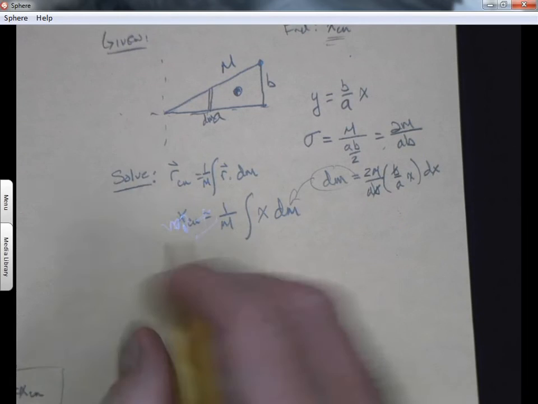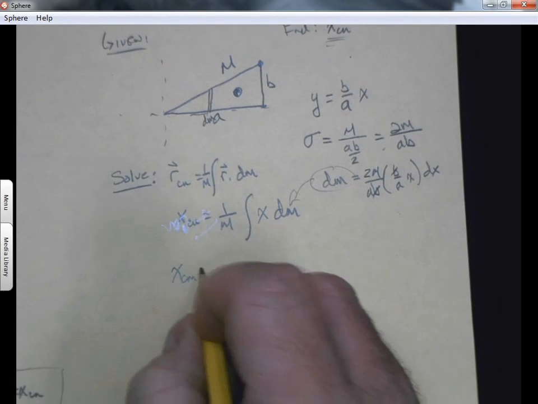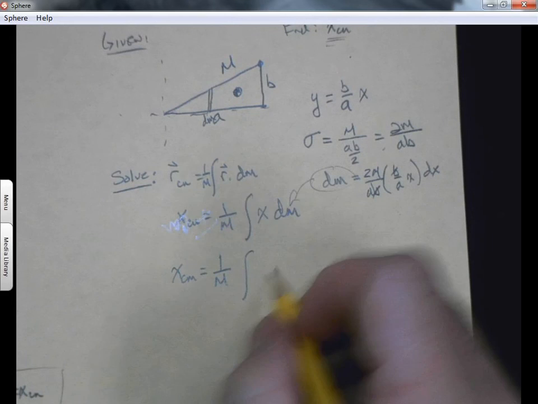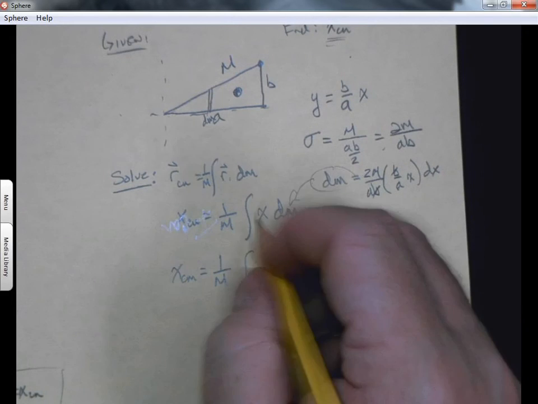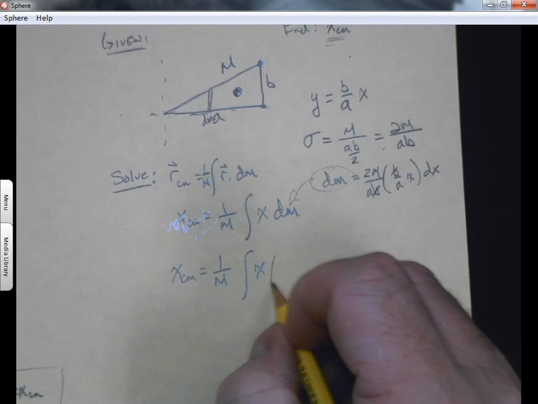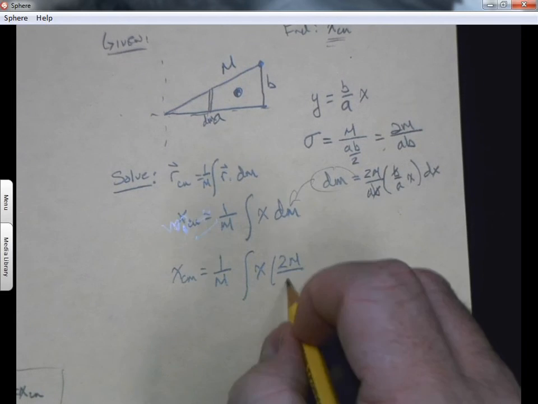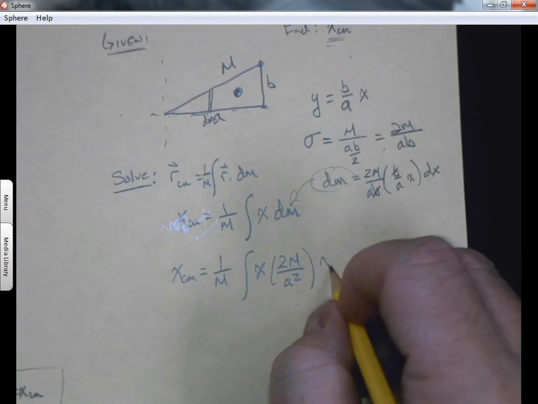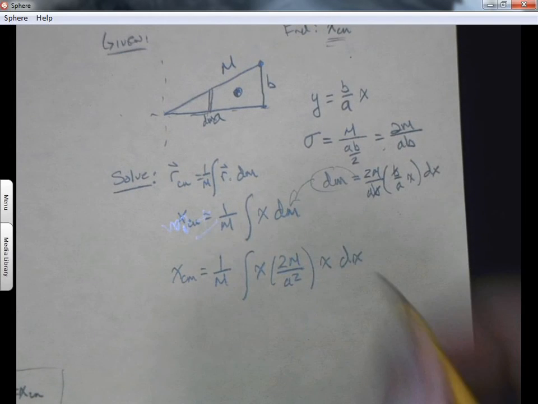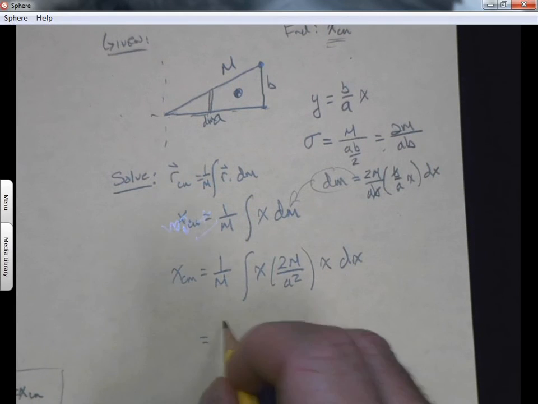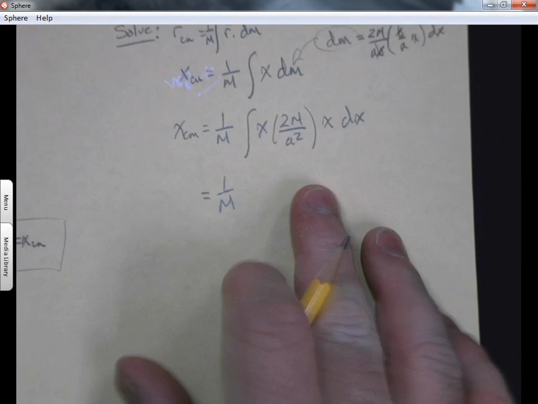Alright, so let's do 1 over M times x times our dm, which is 2M over a squared, and another x dx.